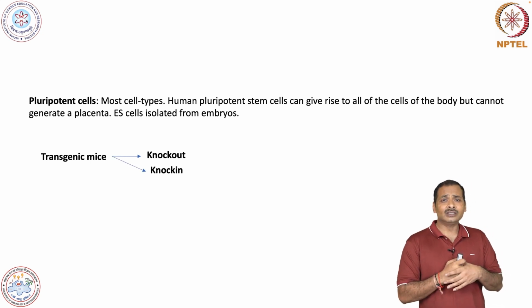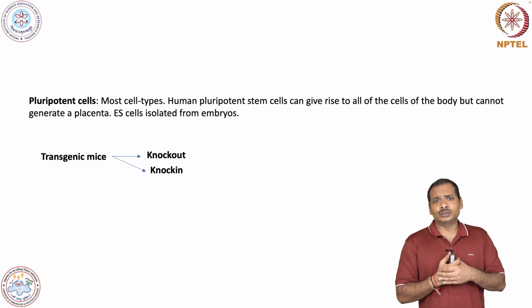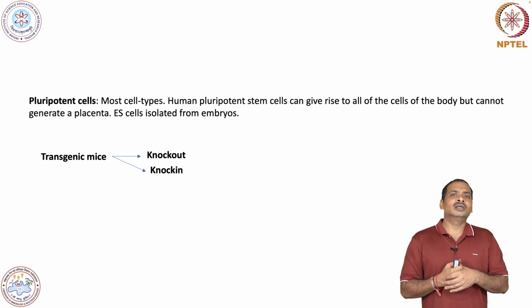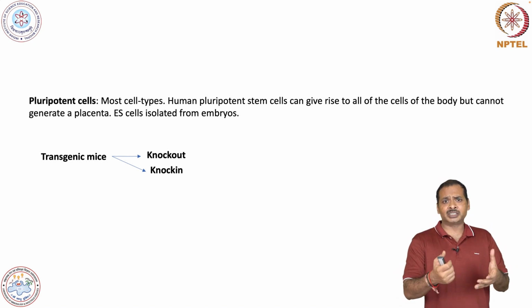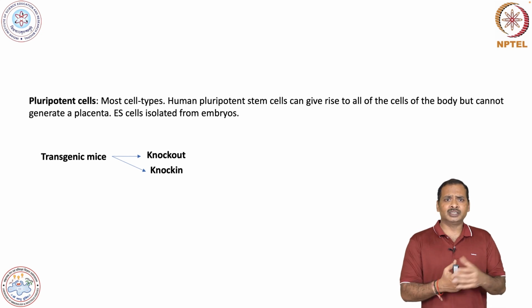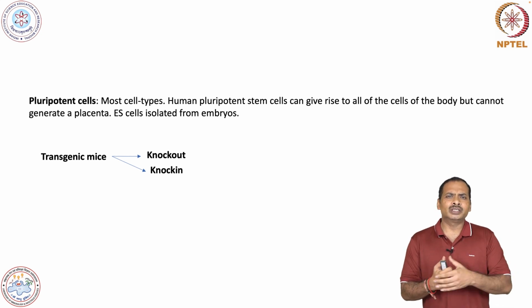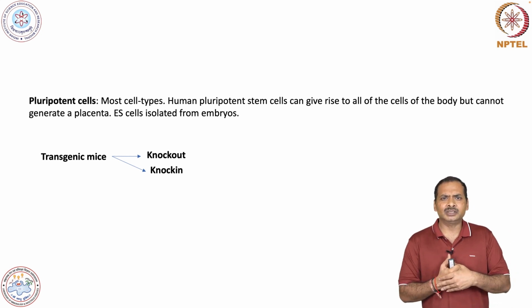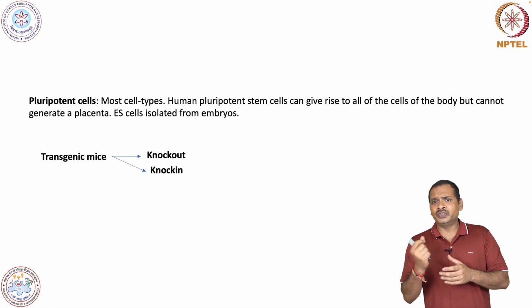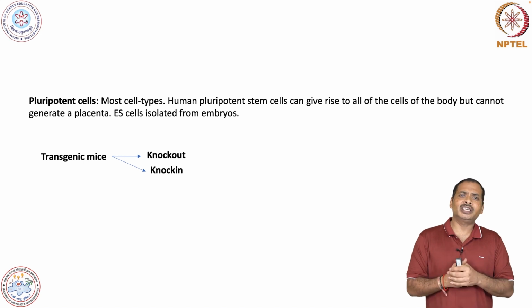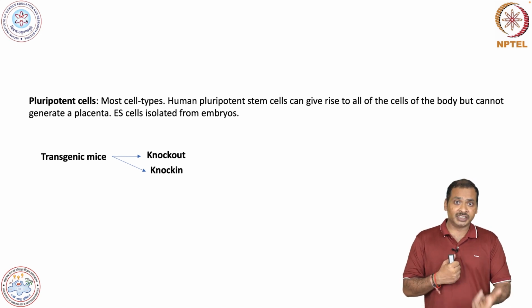Another is knock-in mice. Knock-in mice is another very interesting reagent to prove some discovery. I will explain these two mice in a subsequent slide by showing very simple experiments. In knock-in mice, we are introducing some gene at an appropriate location in the genome.